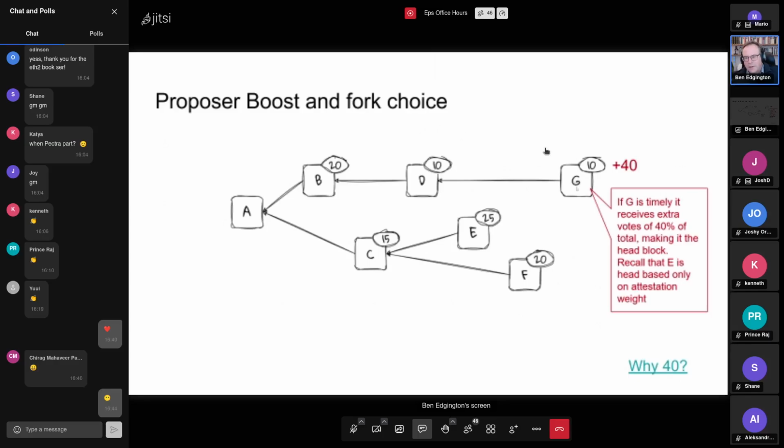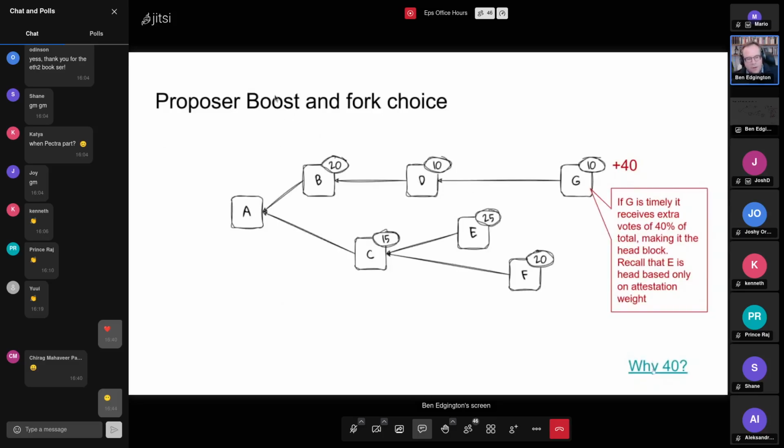If I received it in a timely way, then when I run the fork choice, it gets another 40 votes, 40% of the total attesting weight in the slot added to it, which in this case would make, when we run our LMD Ghost fork choice, G the head of the chain rather than E, which was previously the head based on attestation weight only. So if we include proposer boost weight, because G was timely, it gets an extra 40 points, and that makes it the head of the chain, and that's the one I'm going to build on next.